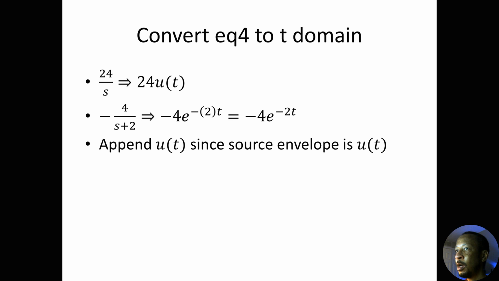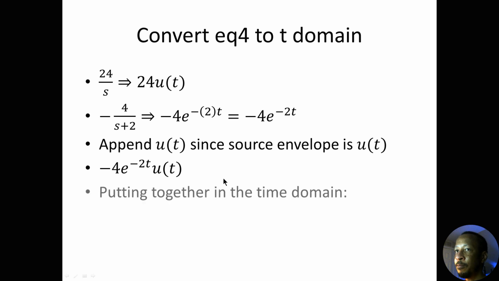Everything has to be multiplied by U of T, because none of the action starts happening until the source is switched on, including this other expression here. So you have your negative 4 e to the negative 2t being multiplied by U of T.